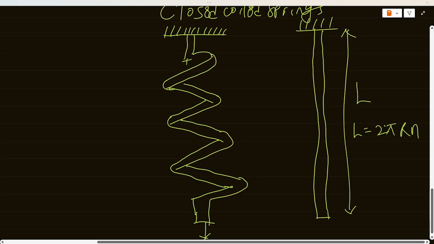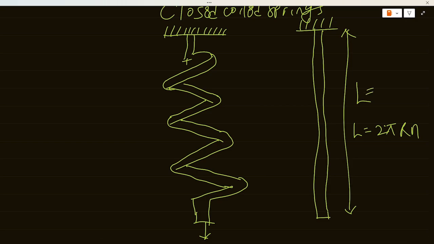So, length of spring once again is equal to 2 pi r n. All these are called coils. When this length is wound round, the number of turnings are called the coils, and this is denoted as n. Please note the term n.